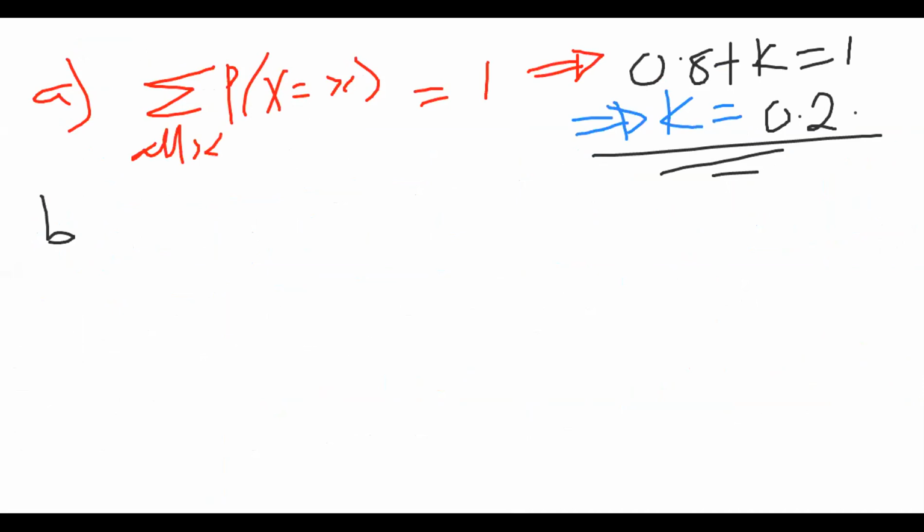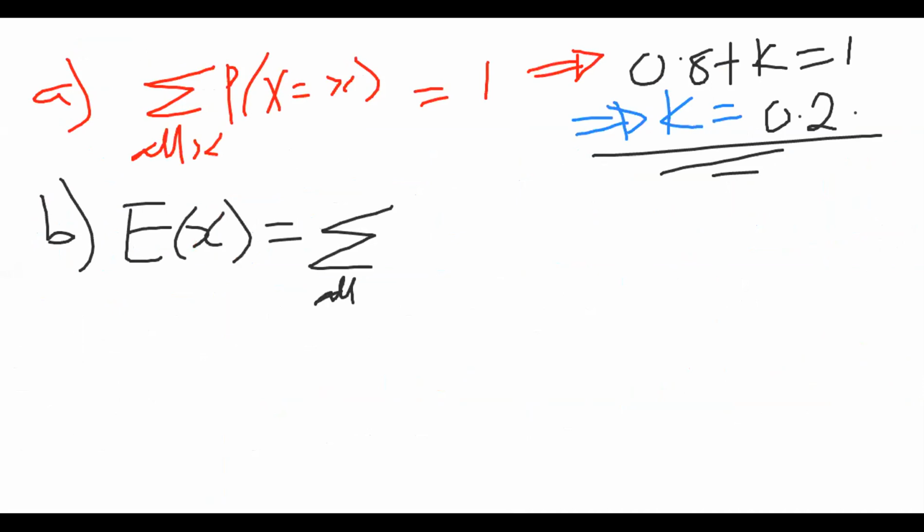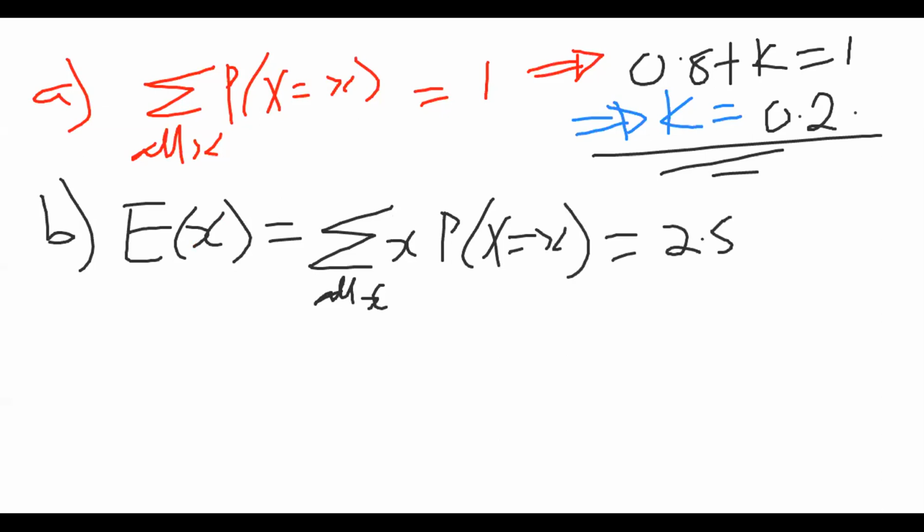So part B, the expectation of x, summation of all x times probability of x equals to x, is the same as 2.5 plus 2k. Let me check again. Yes.